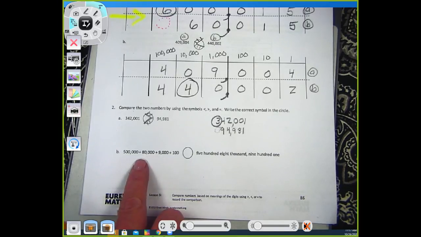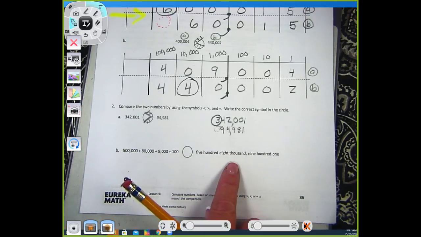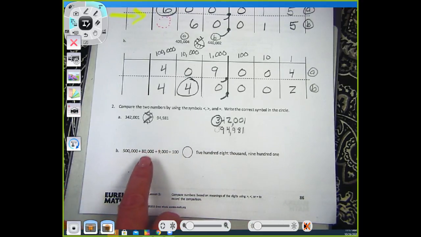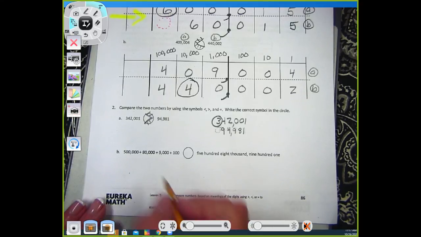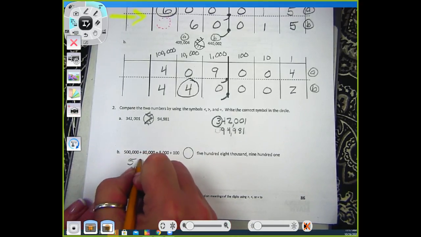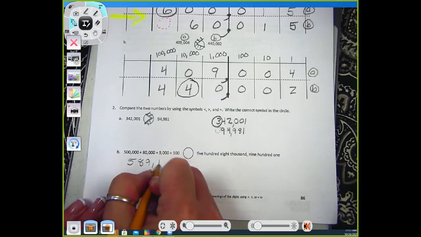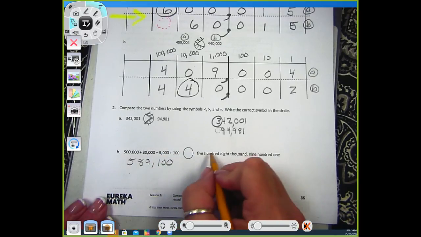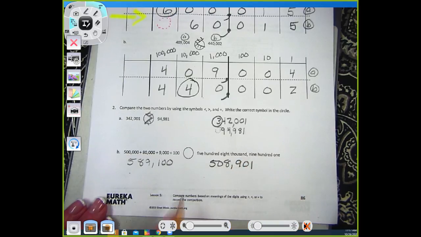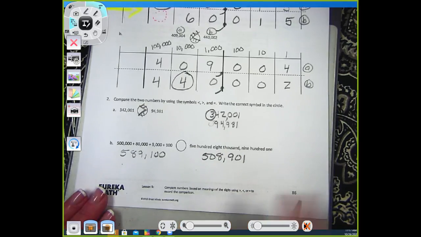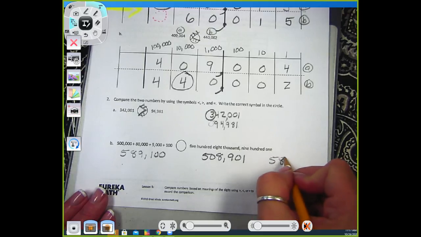This one's expanded form, this one's in written form. Let's take both of these and put them in standard form, okay? So I have 5, 8, 9, and 100. 500, 8,901. Now I can compare them.